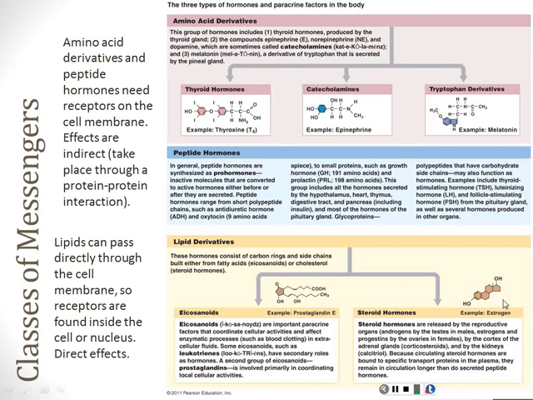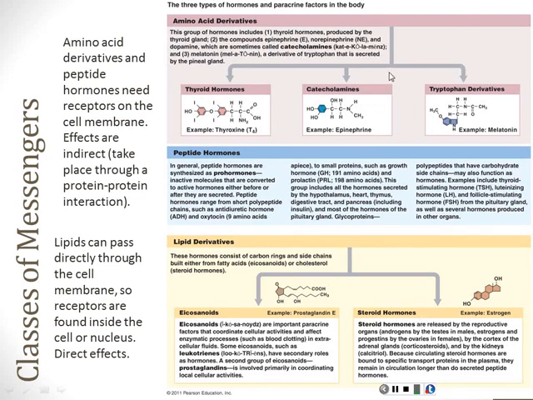And the reason that these molecules make very good chemical messengers is because they can pass through cell membranes. What we'll see is that for the lipid derivatives, the most common mechanism of action is it makes its way into the nucleus and then causes some change in transcription. In other words, it turns genes on and off. And the steroid hormones can do that because they can pass through cell membranes.